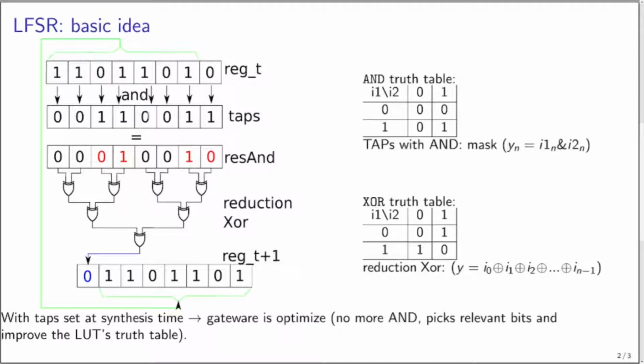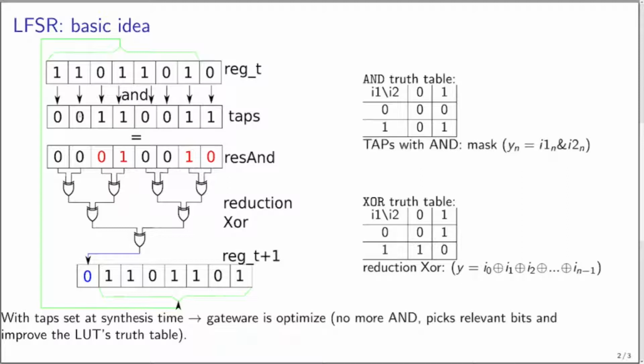The first thing is to use the taps as a mask using AND. The AND truth table shows the output is 1 only if both inputs are 1. The output is 0 otherwise.